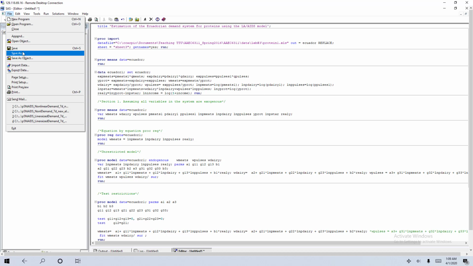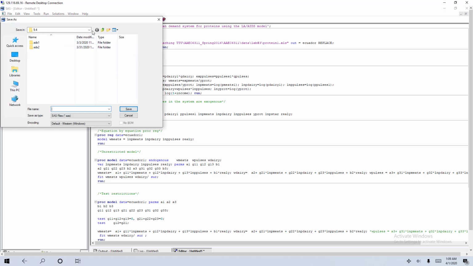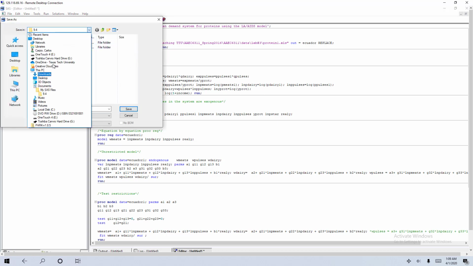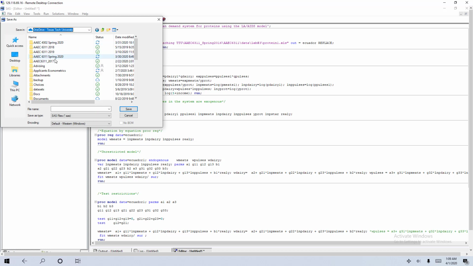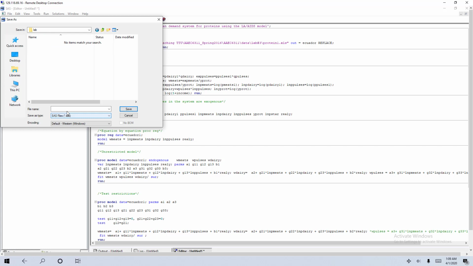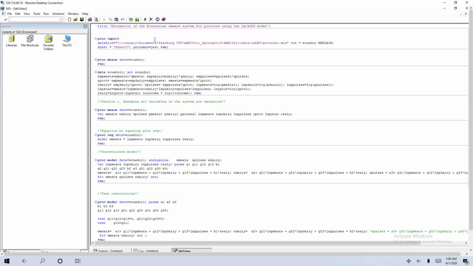I'm going to give it a name, and I'm going to save it in a folder where I have all the labs. I'm going to call it lab 3. So this is the class. Okay. So we have to import it.